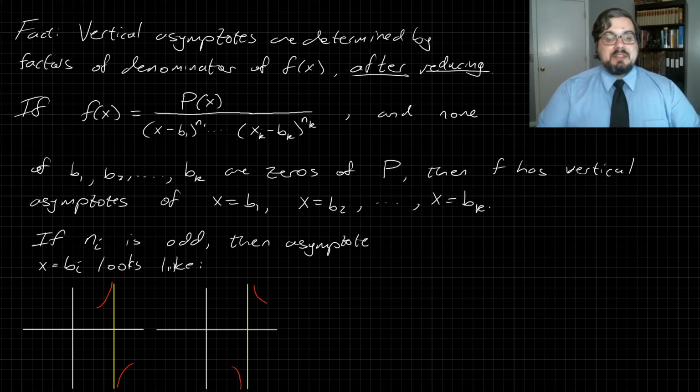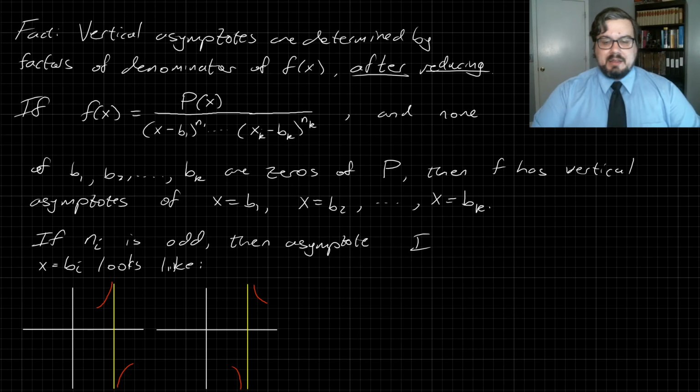So if the power of the factor x minus bi, which is giving you the asymptote at bi, is odd, then the function goes in two opposite directions when you are close to the asymptote.